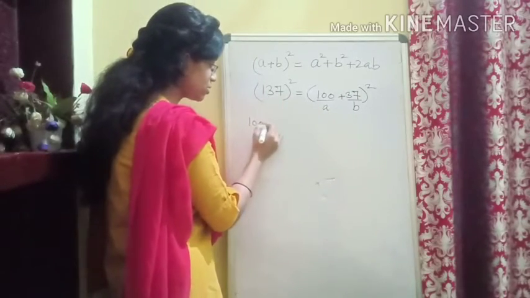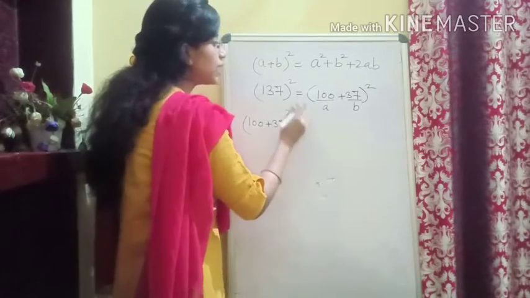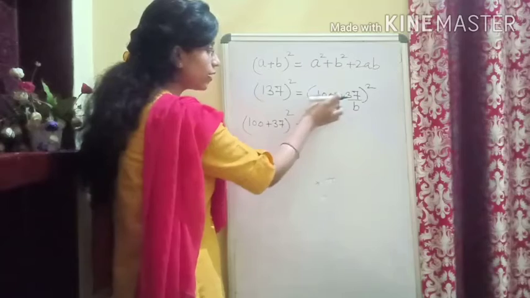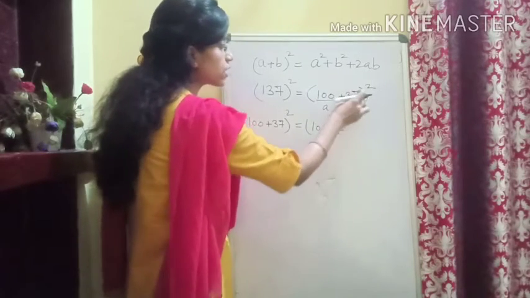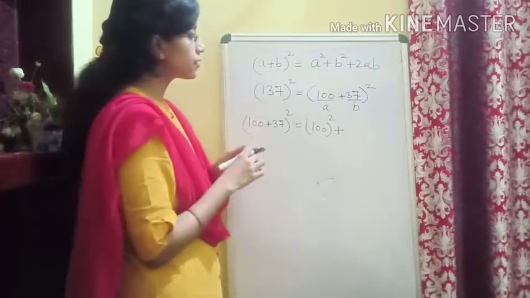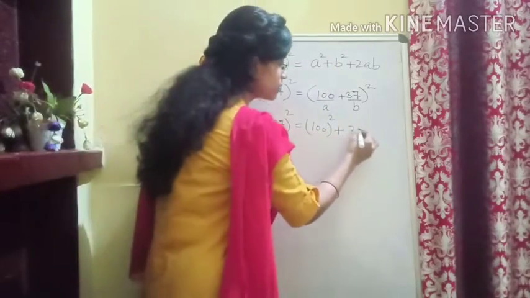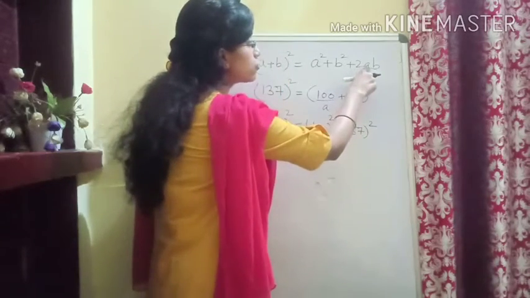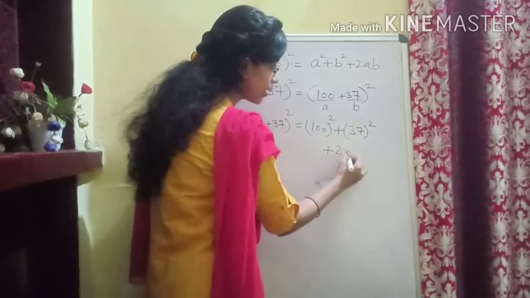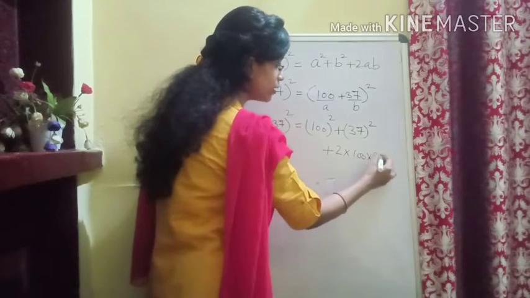If I write 100 plus 37 whole square, it would be a square. So what is our a? 100. So 100 square plus, what is our b? 37, and the square, plus 2 into a into b. 2 into a, a is what? 100, into b is what? 37.